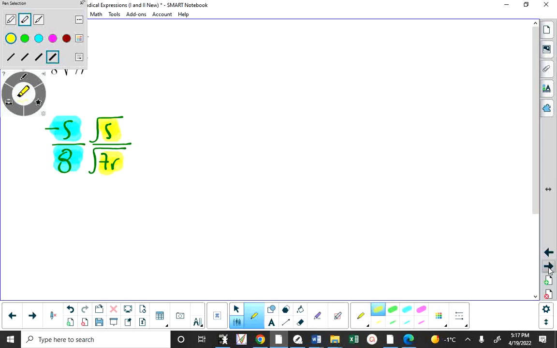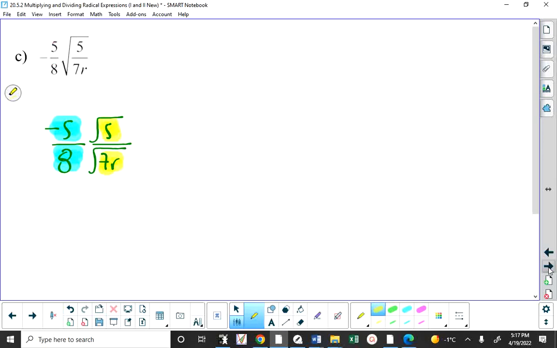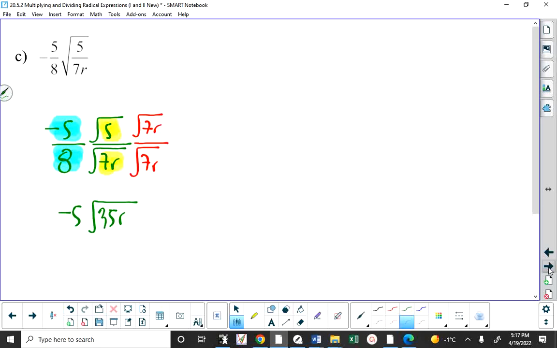Well, there's nothing you can do in terms of division, but we do not want a radical in the denominator, so I'm going to multiply top and bottom by root 7r. On the top, what are we going to get? We have negative 5, and then we have root 5 times root 7r, so we can multiply 5 by 7r and get 35r. And on the bottom, we have an 8.